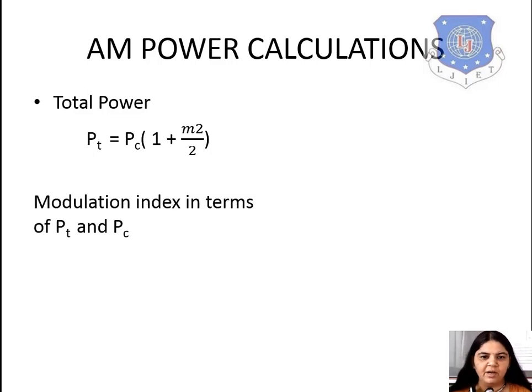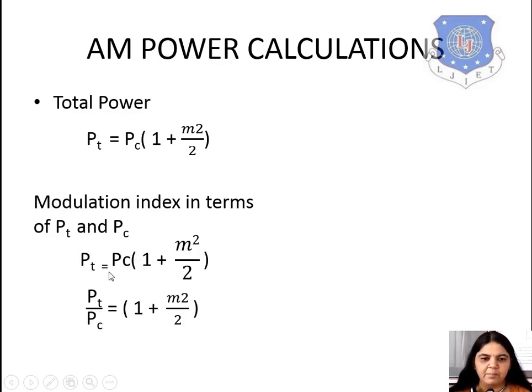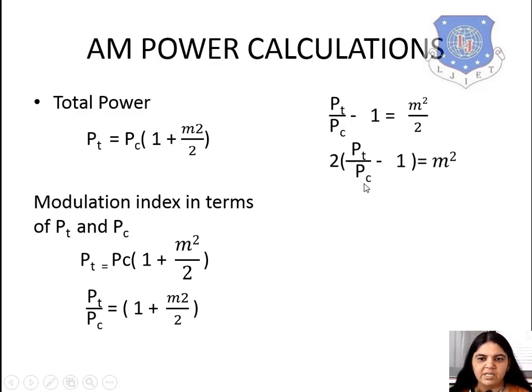Now I want to find the modulation index in terms of the total power PT and the carrier power PC. So what can we write? PT divided by PC is equal to 1 plus m square by 2. So minus 1 is equal to m square by 2.